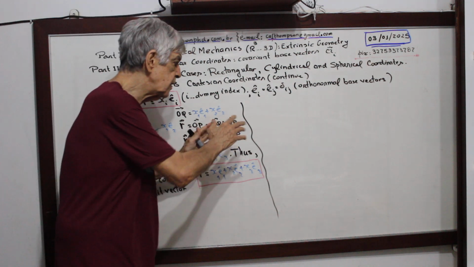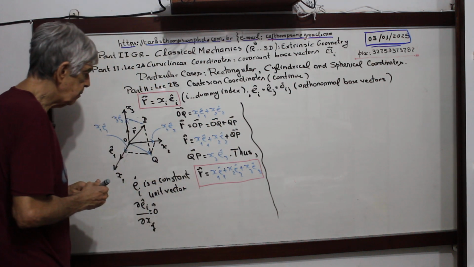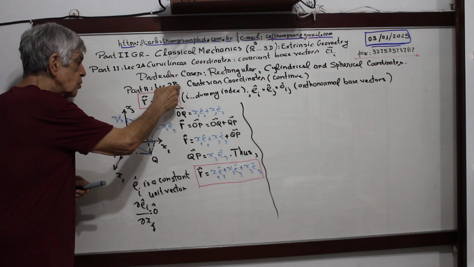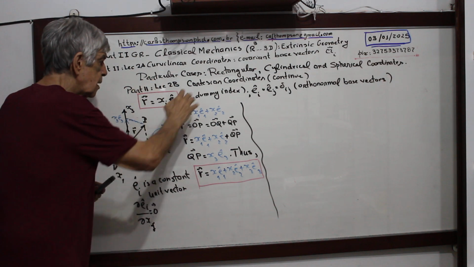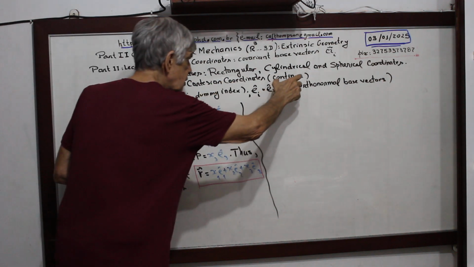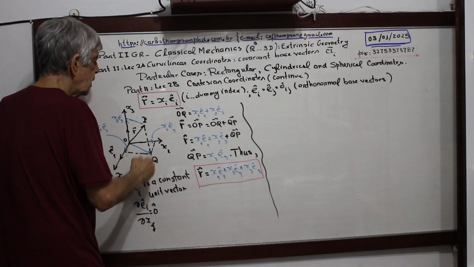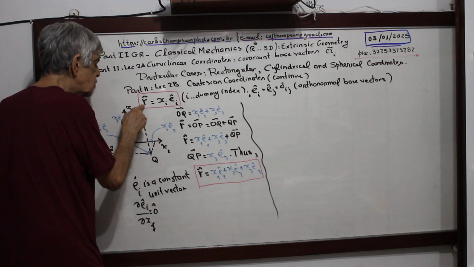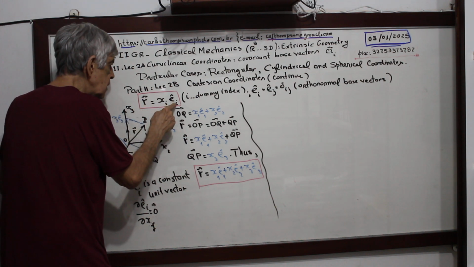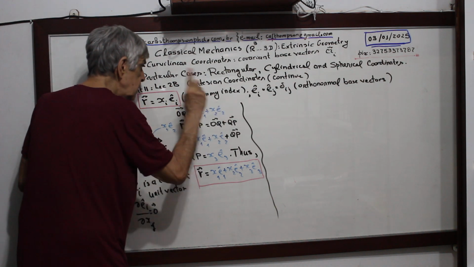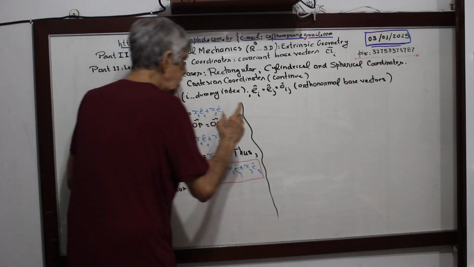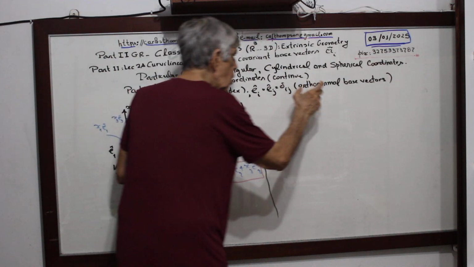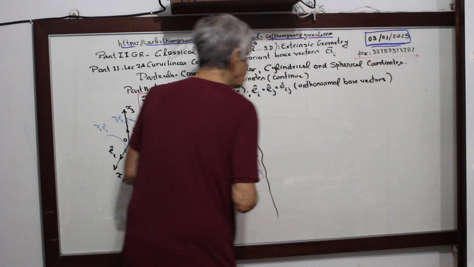That's a basic concept. Now, from lecture 2a, Cartesian coordinates, that's a continuation. You wrote that the position vector is x_i e_i, where i is a dummy index, and e_i dot e_j is delta_ij, orthonormal base vectors.